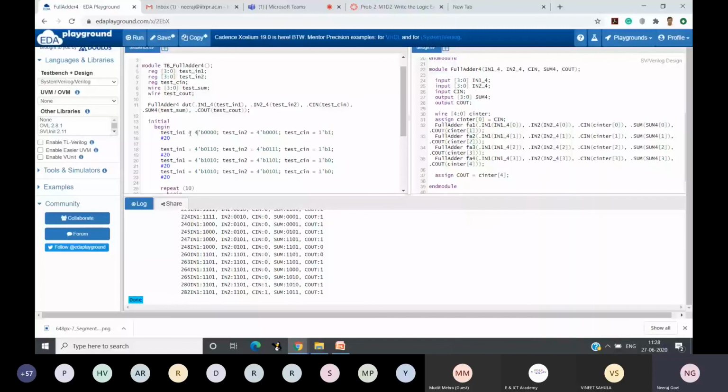So I write 4'b and then all these 4-bit numbers. Similarly for test input 1 and test input 2, I create a couple of combinations. Then this #20 means the next input would be applicable only after 20 units of time.